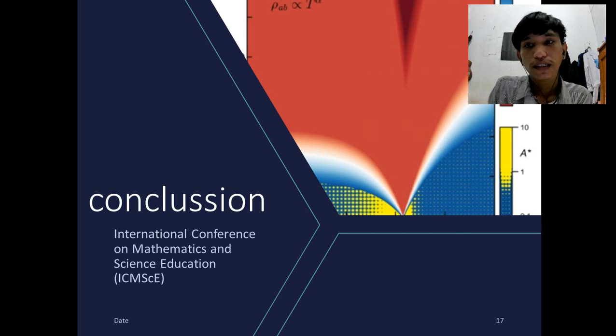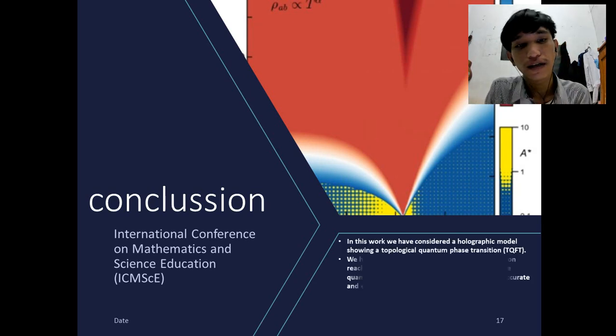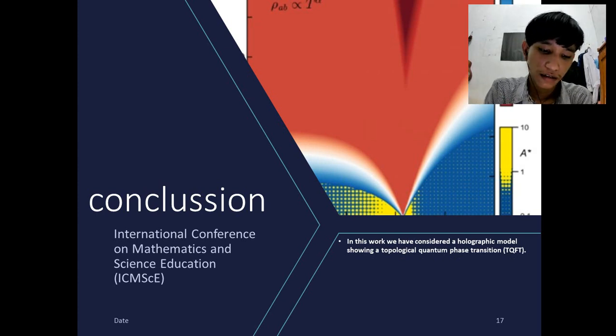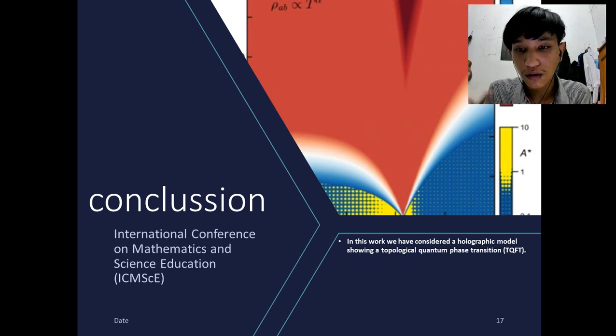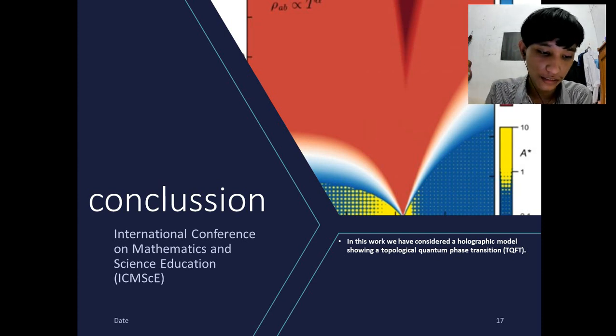So for the last one, I want to tell the conclusions for the seminar. The first one is very important. In this work, we have considered the holographic model to show a topological quantum phase transition, or TQPT.